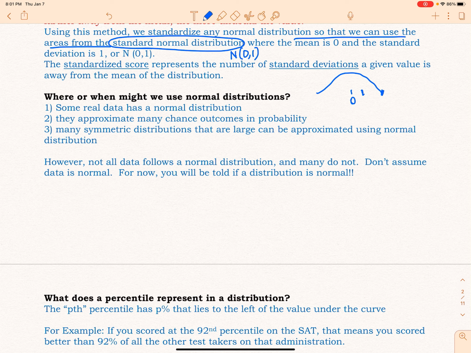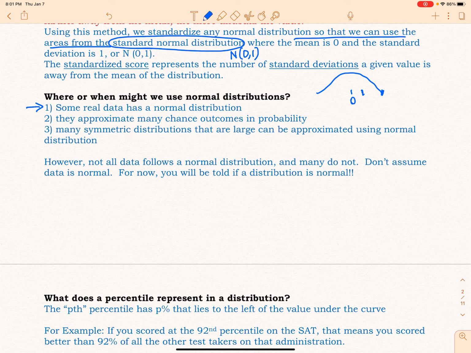So the first thing we need to talk about: where or when might we use the normal distribution? I've already kind of alluded to some of these in class and in our other videos, but some data has a normal distribution naturally. And of course, we talked about that with IQ. It's normally distributed. Sometimes you're going to have data that's more normal than others, and we'll get into more of those details later in different units.